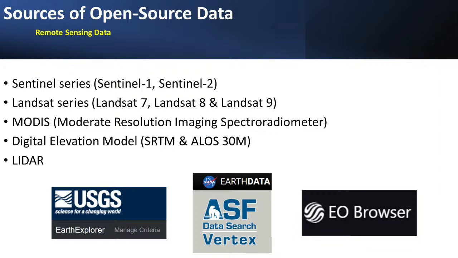Yesterday, I spoke about the improved revisiting time of the satellite. When Sentinel-1 was launched, you could get one image every 14 days. Now, an identical satellite was also launched, which was called Sentinel-1B.